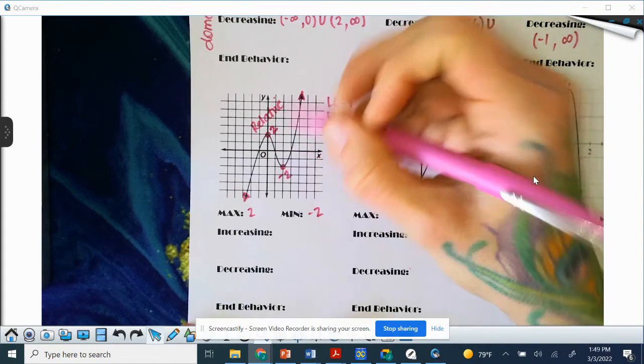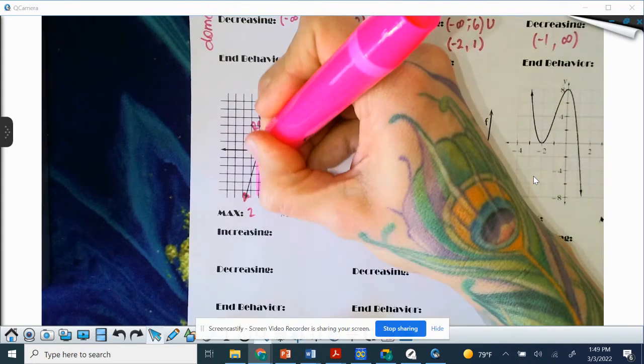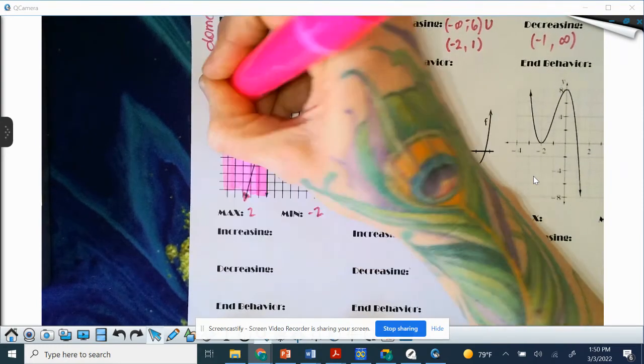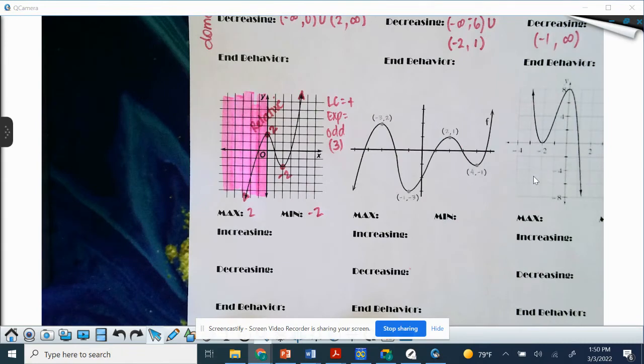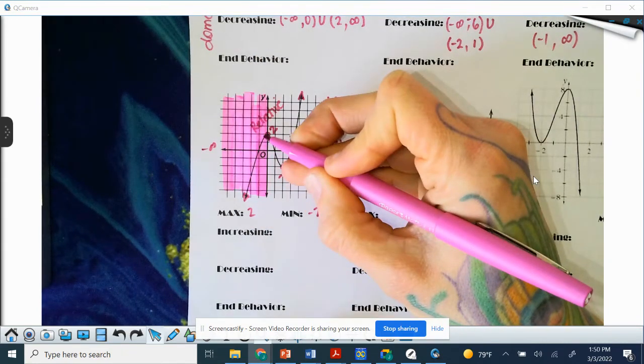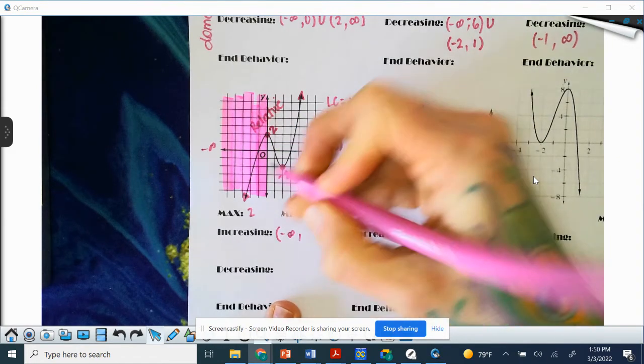Now, increasing and decreasing, again, those turn points, max and mins, tell how far over it's going to go. But you're going to switch over to your x values instead of the y values. So from negative infinity, this is going up. If I look at it just like a line from Math 1, it's going to increase from negative infinity until I hit 0.